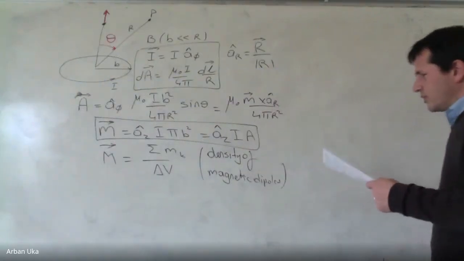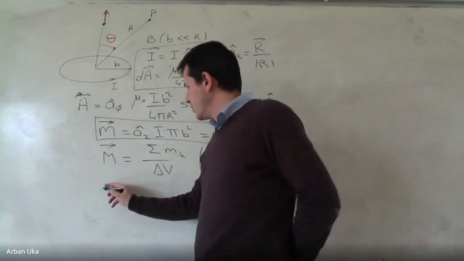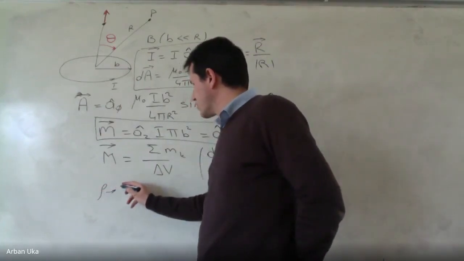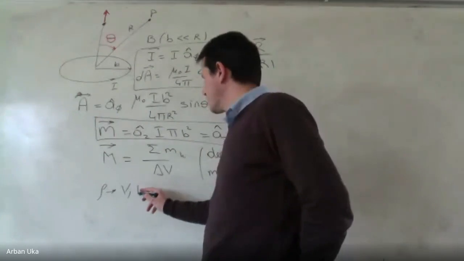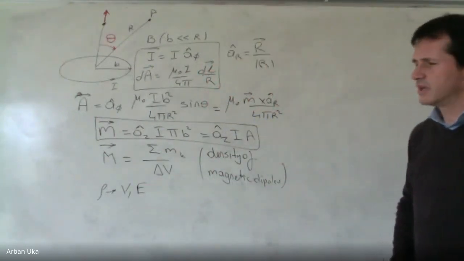So let's remember for a moment that in electrostatics, the charge or the charge density was the source of a potential and the source of an electric field. Okay? This was for electrostatics.